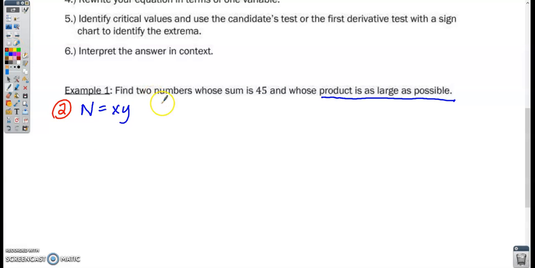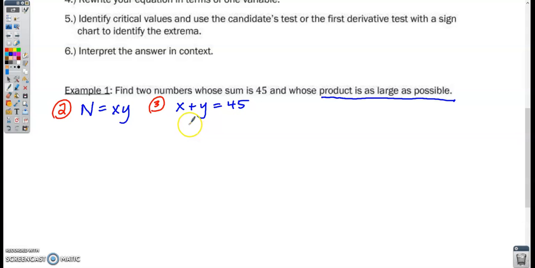Then we talk next about the constraints, step 3. We're told that the sum of these numbers is 45. So that's the constraint on x and y, which means that x plus y has to be equal to 45. All right, so that's the constraint that we have on our variables. Now we're going to combine the equations from steps 2 and 3 in order to rewrite the equation in terms of one variable.